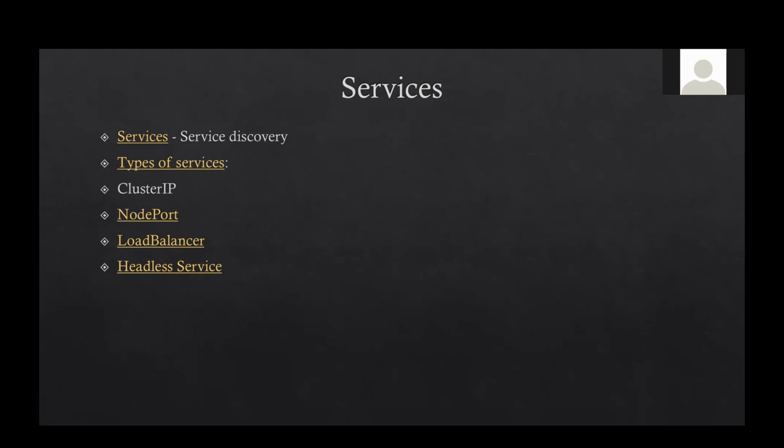So there are four main types of services. Cluster IP service is a service that runs really well inside a cluster. It has an IP associated from inside the cluster. So if we create a cluster IP service, it's going to get an IP from inside the cluster, which means that it will be reachable only from inside the cluster.